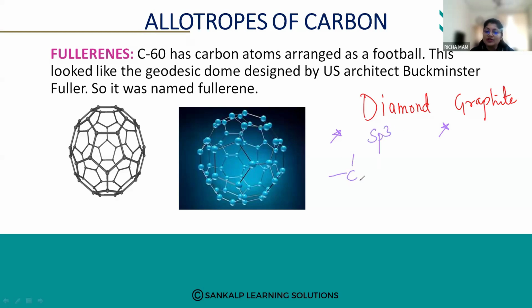When you have single bonds, the arrangement is sp3. In graphite, the carbon atom is attached to three other carbon atoms, and we have discussed that to satisfy the valency, one of the bonds is a double bond. When you have a double bond, it is called sp2. So graphite is sp2 hybridized. This is the first difference: in diamond, the arrangement is sp3 hybridized, and in graphite, it is sp2 hybridized.